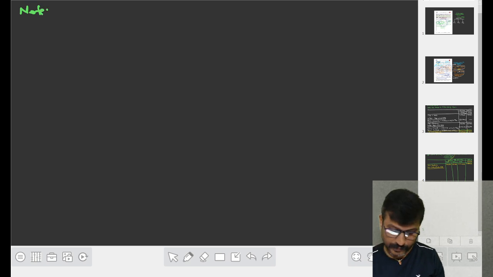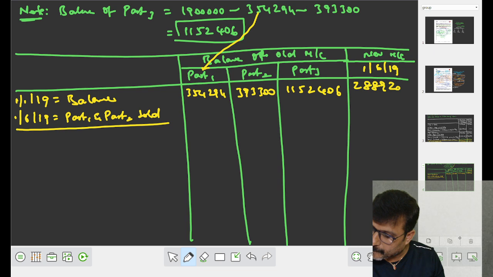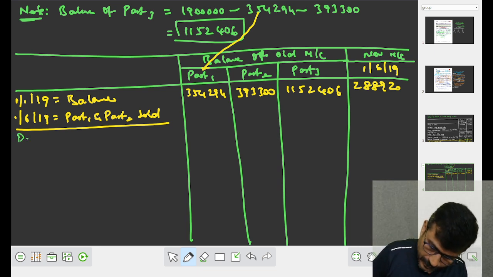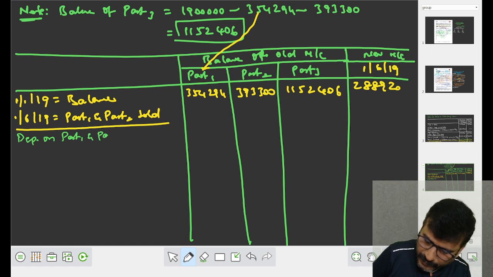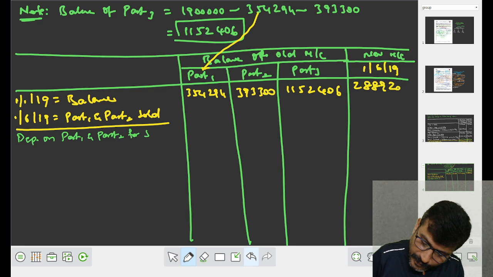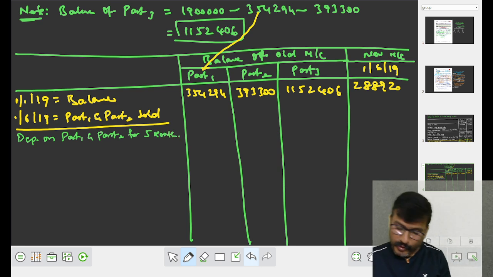We have to calculate depreciation on part 1 and part 2 for how many months? For 5 months.